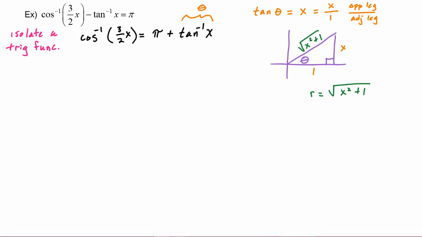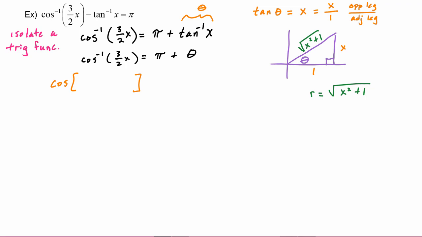Now we can rewrite our equation to be cosine inverse of 3/2 x is equal to pi plus theta, because remember, we're going to momentarily substitute theta for that tangent inverse of x. Now to get at the x inside the cosine inverse function, we will have to take the cosine of both sides.